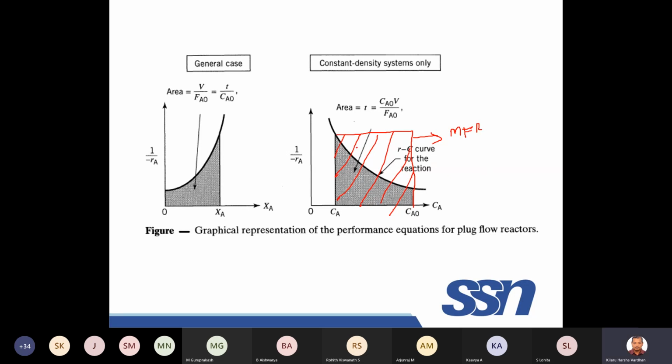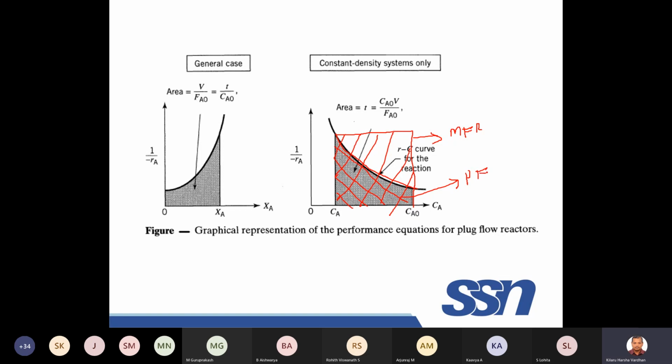If you are assuming it is CSTR, then the area under the curve only is the PFR. So the area under the curve, you put as this dotted line. So this particular thing is PFR.